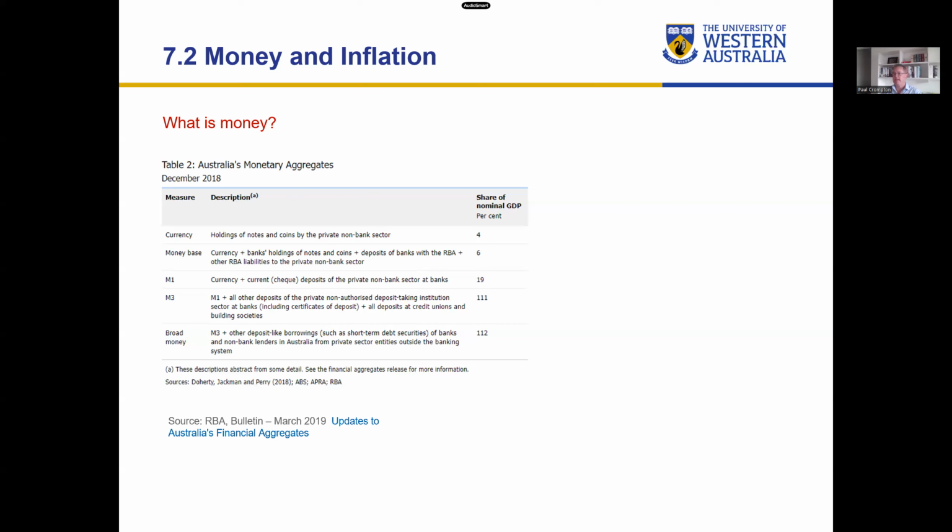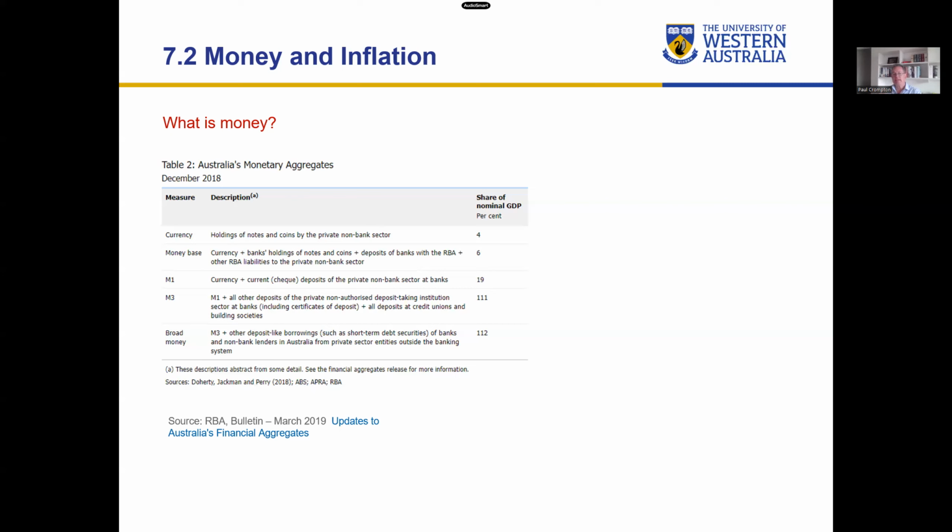As economists, we're only interested in the supply of money, what the value of the money stock is, and how it changes over time, because the more money you have, the more potential spending power you have.